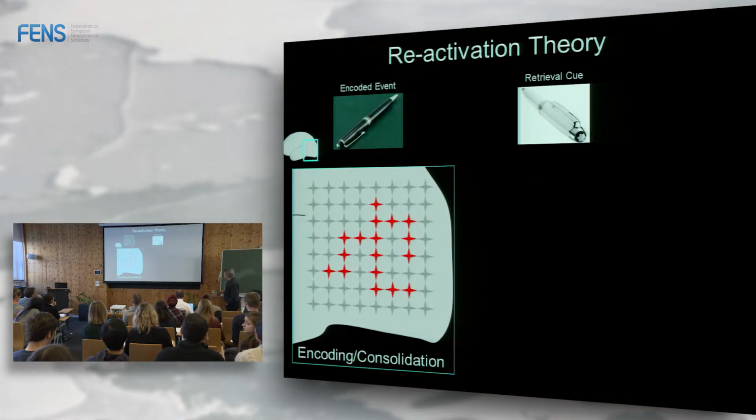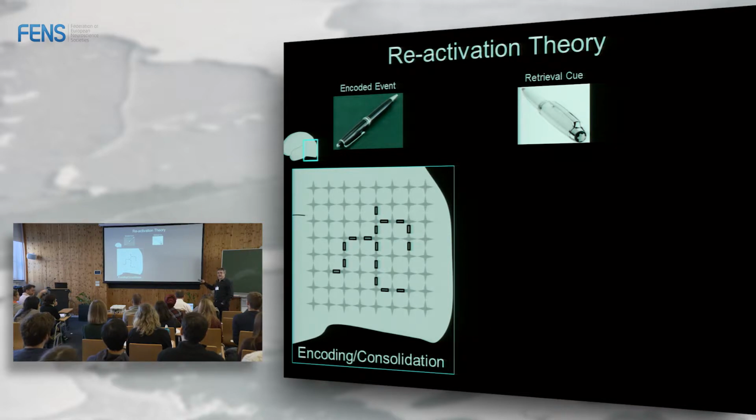So this is how the reactivation theory is assumed to work. Let's say you have this pen for a while, and then you develop a representation of this pen, which will be a group of neurons here, each with a few connections, just four, that are active over time. After seeing or using that pen, the idea is that there are synaptic changes between the neurons that, during consolidation, will form a memory trace.